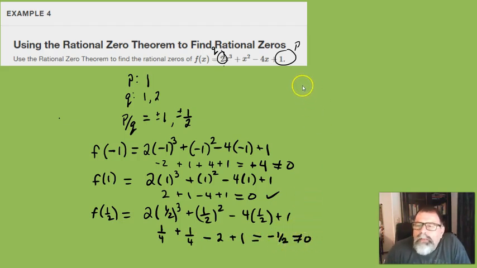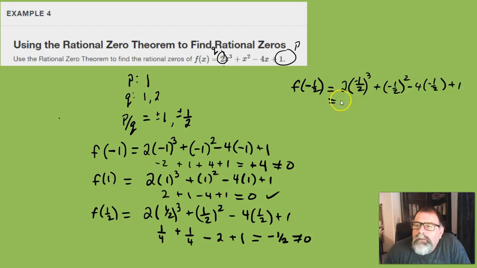Okay, and then our last one, f of negative 1/2. So we get 2 times negative 1/2 cubed, plus negative 1/2 squared, minus 4 times negative 1/2, plus 1. So that's negative 1/8 times 2 is negative 1/4, plus 1/4.